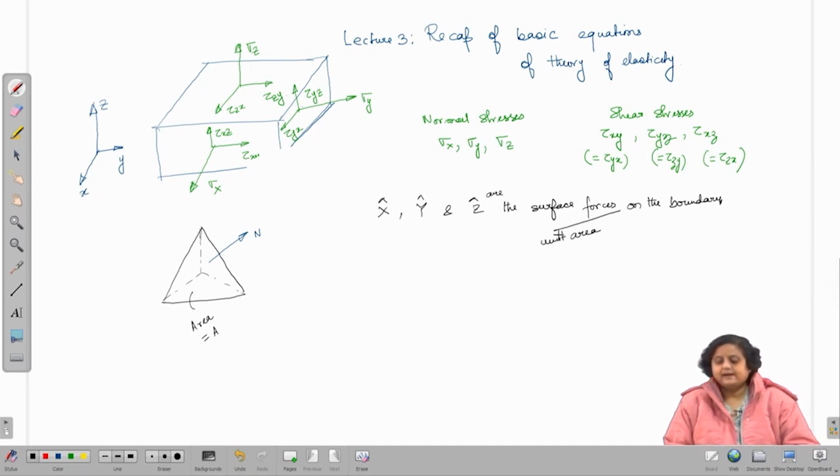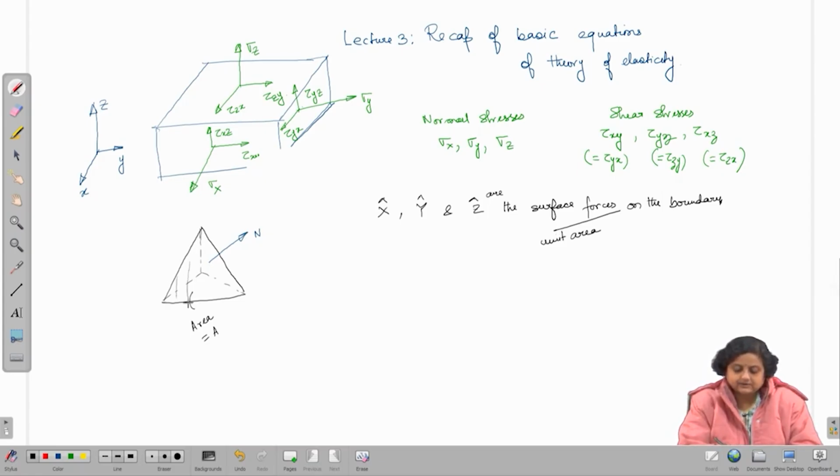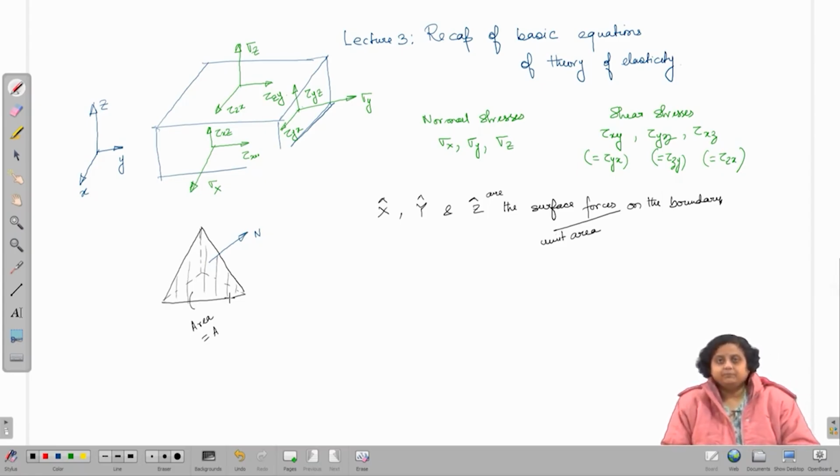So, x hat, y hat, z hat are the surface forces acting on this boundary of area A per unit area.